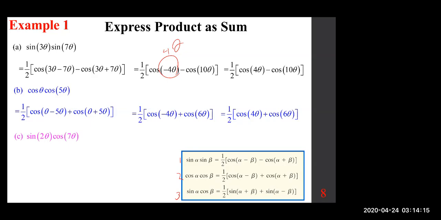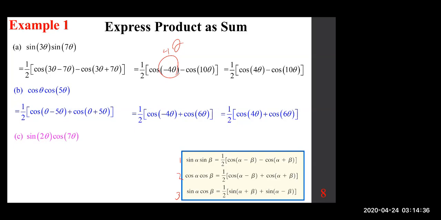The third one looks like which one? Number 1, number 2, or number 3? Part C, clearly, because it has sine and cos.